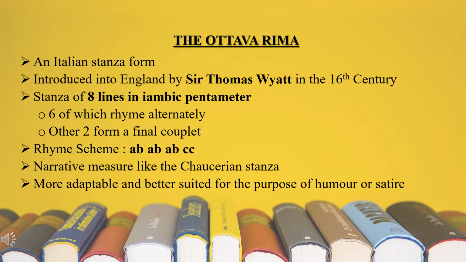So that the rhyme scheme goes like this: AB, AB, AB, and CC. This is also a narrative measure like the Chaucerian stanza. This is more adaptable and better suited for the purpose of humor or satire.